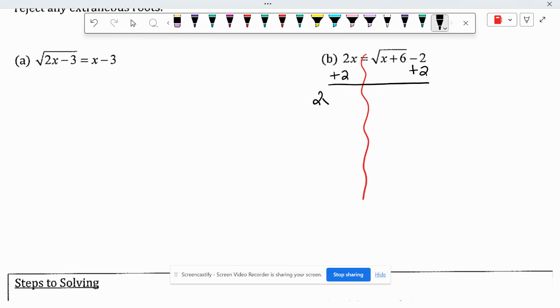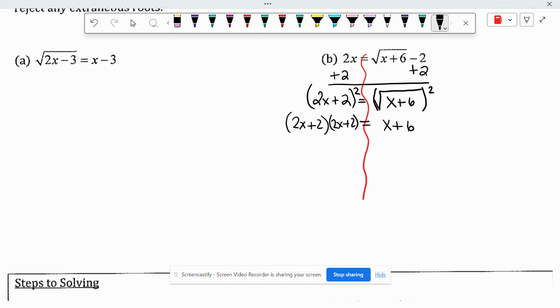So I have 2x plus 2 equals the square root of x plus 6. How do I get rid of that radical square root symbol? Square. Whatever I do to one side, I have to do to the other. So the right side, x plus 6 equals, do not forget what it means to square a binomial. You have to FOIL that.